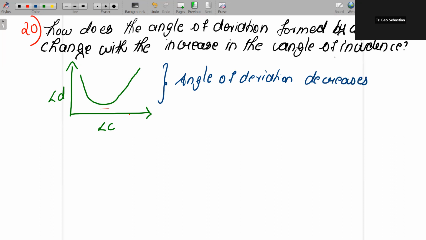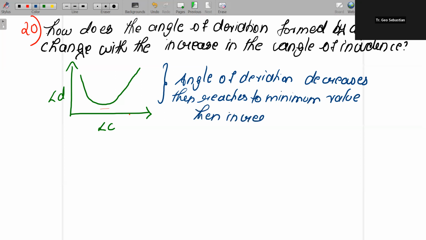Angle of deviation decreases, then reaches a minimum value, and then increases. Got it? Now this is the A question.